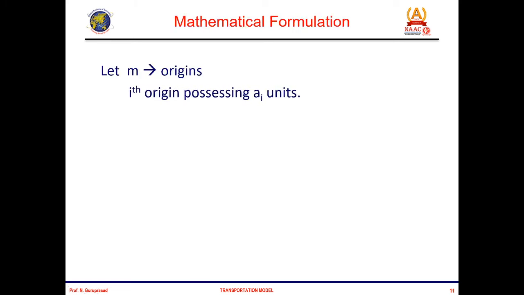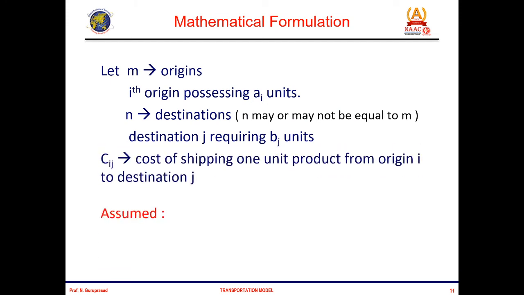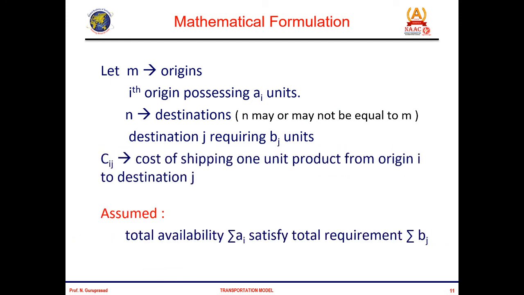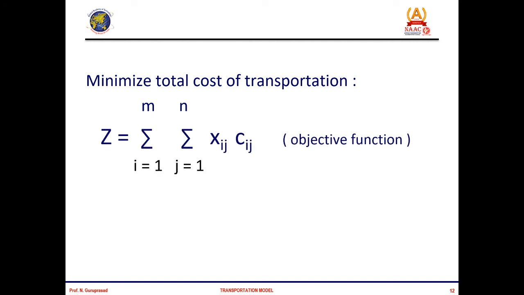Now, this is the mathematical formulation of the transportation problem. I don't think I need to explain all these things. It is assumed that the total supply is equal to total demand. And the objective is to find the minimum cost, right? That is, minimize the total cost of transportation, that is Z is equal to summation of i is equal to 1 to m, summation of j is equal to 1 to n, Xij Cij.